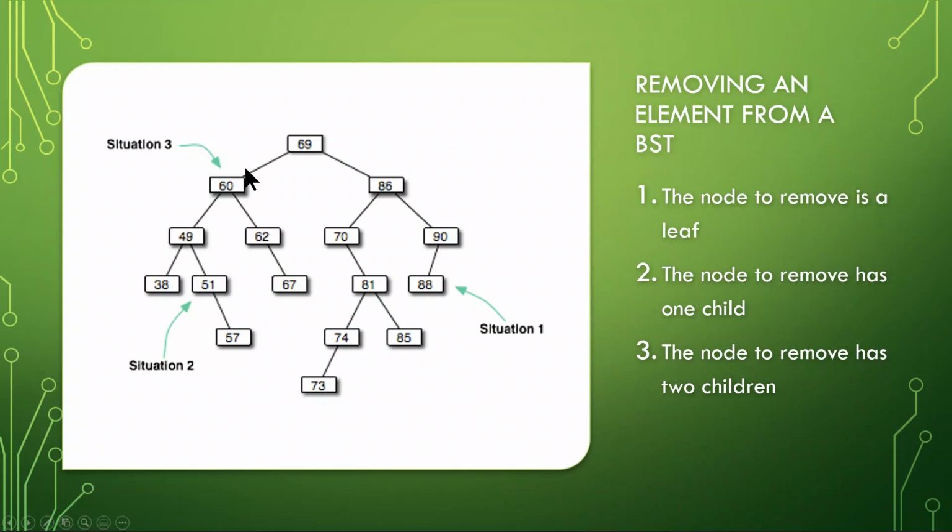Even the root in this case has two children. Like 86 here has two children. And so those are all different scenarios for how you're removing it. But the idea is that we want to remove this node, but then we have to update everything around here to make sure that it still fits the structure of a binary search tree. The only way that 88 got to going to the left is because 90 was above it. So if we remove 90, we then have to restructure the subtree that's rooted at 90 to properly deal with that case.